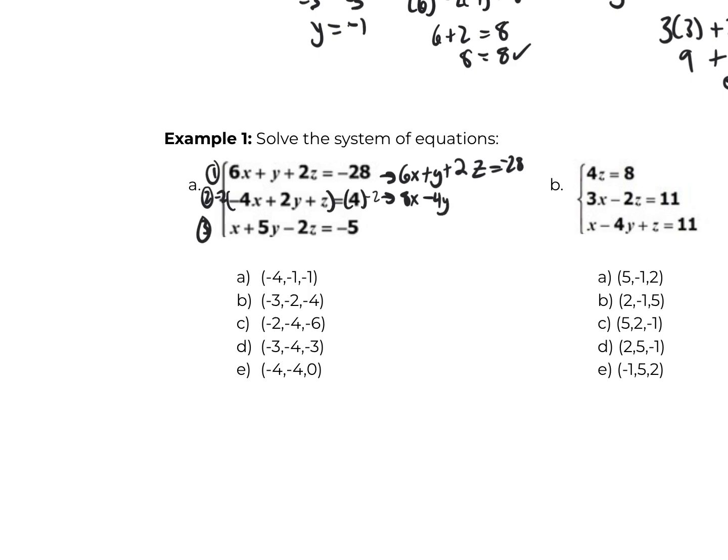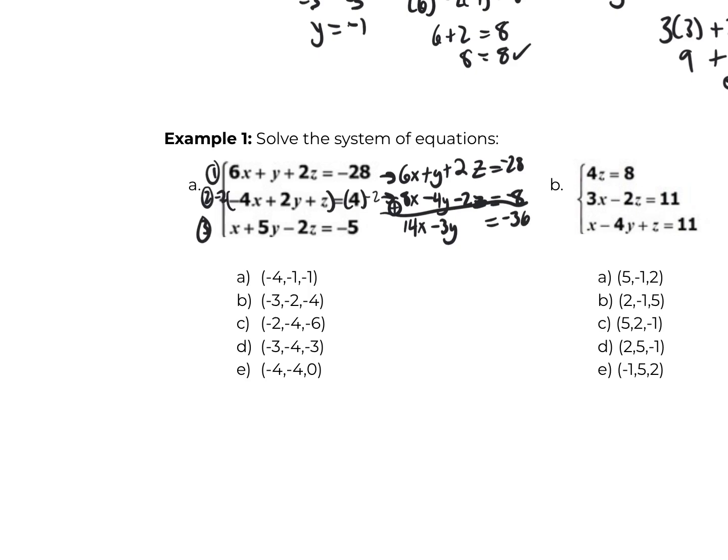And negative 2 times z is negative 2z. And then 4 times negative 2 is negative 8. So I'm going to add those together, and I get 14x. And negative 4 plus 1 is negative 3y. The z's cancel out, and I end up with negative 36.